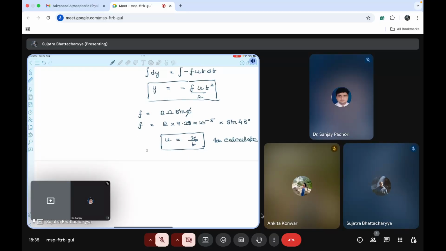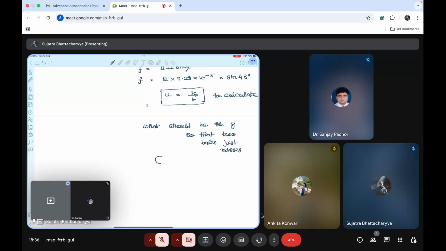Now what should y be so that the two balls just miss each other? Here is the ball, another ball just misses it.